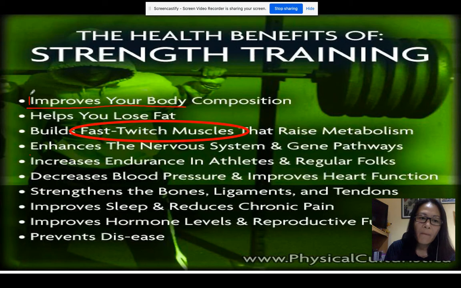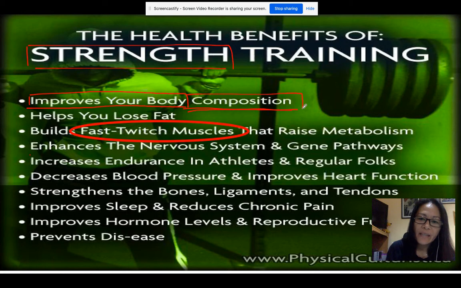Because one is, hindi ka nag-exercise using strength exercises, no? At saka, your food also is contributory to that. So when you're engaging in strength exercises, lean muscles are added to your body, then you will improve your body composition. Okay?